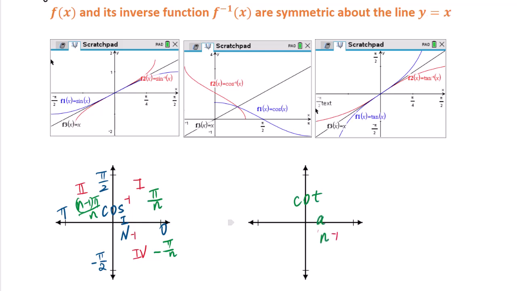Inverse tangent will cover the first and fourth quadrants: negative pi over 2, 0, pi over 2. Please remember these two diagrams so that you can evaluate any inverse trig function.